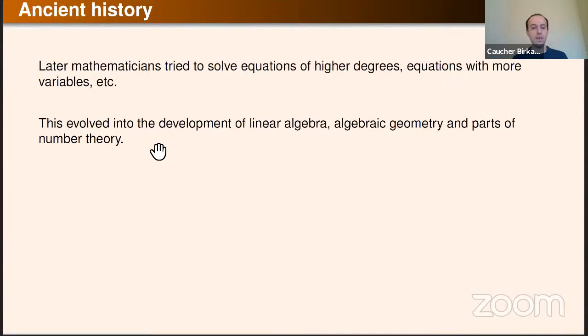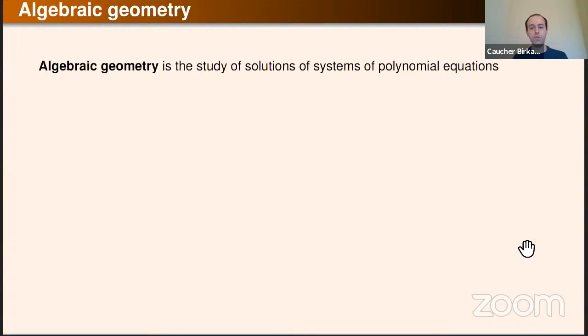So all these things have overlap here. So essentially, we like to look at polynomial equations. So you can define algebraic geometry in a very simple way as the study of solutions of systems of polynomial equations.